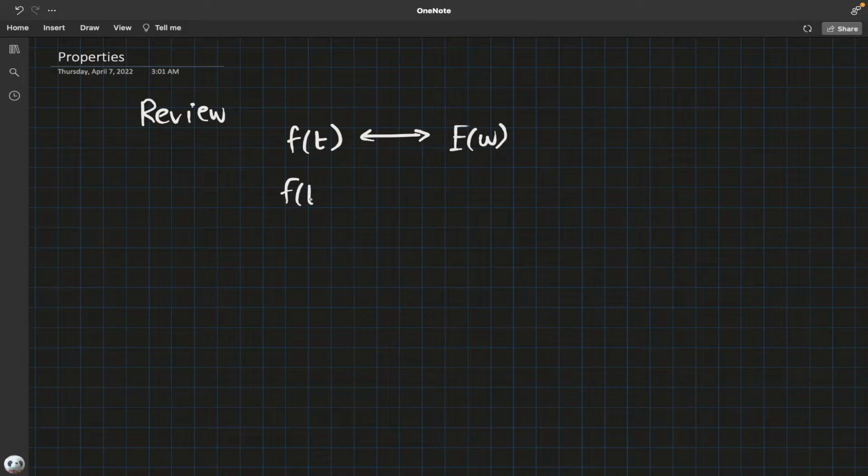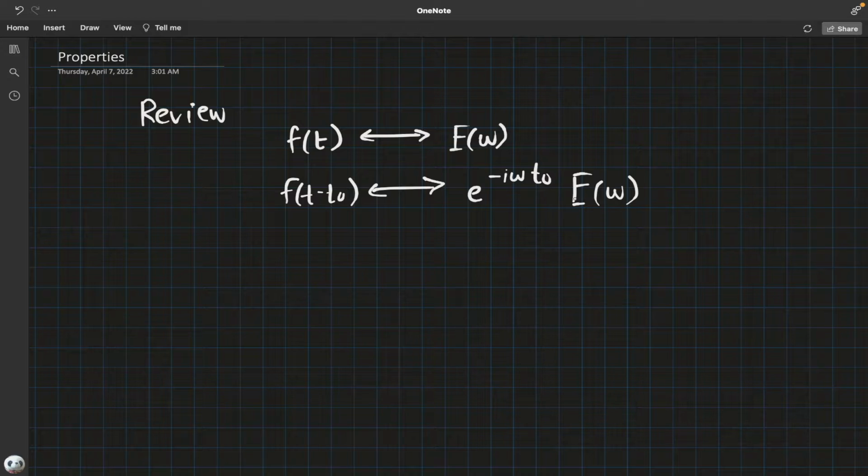If you have the same function but shifted by a time t naught, then the Fourier transform of that, and we proved this in that video, you should check that out if it seems a little foreign to you. This is f, but I'm underlining it because this could be complex.